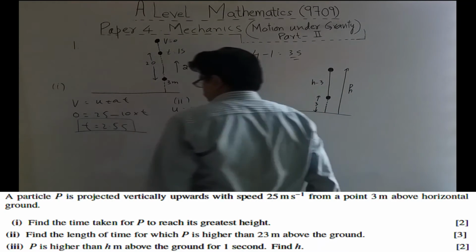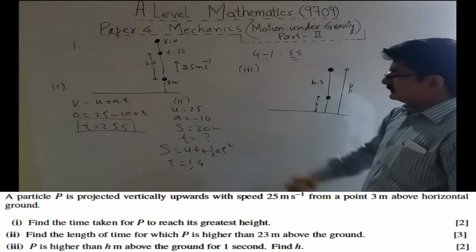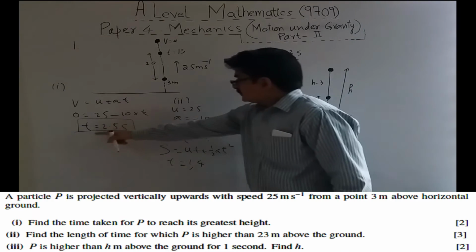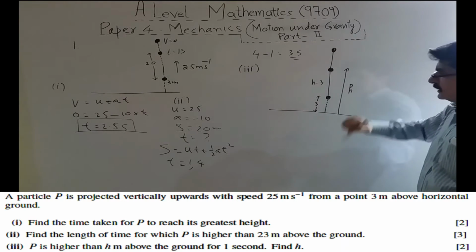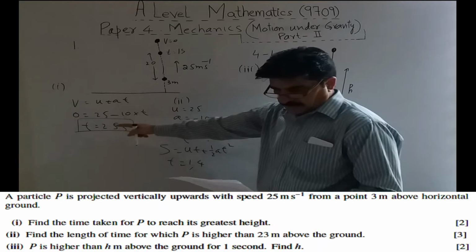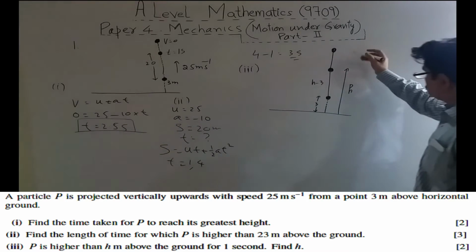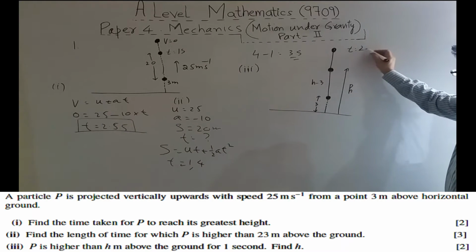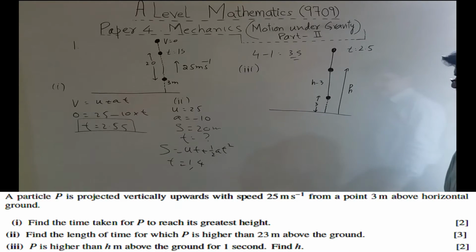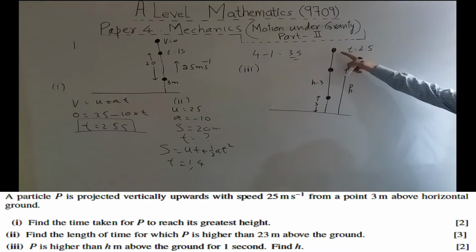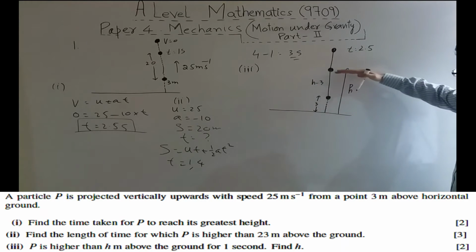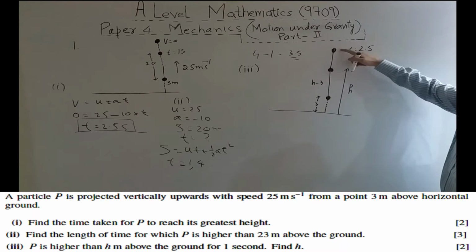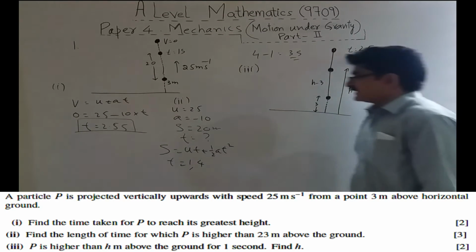See part 1. From part 1 we have found that the particle reaches the highest point in 2.5 seconds. From here then it comes back. We want that from this point to this point and coming back, the time should be 1 second.